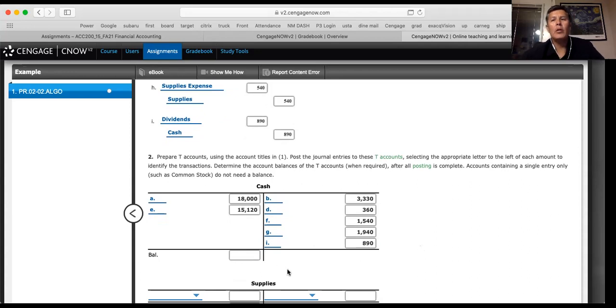Let me add up the difference of these two. I have a calculator right here. 18,000 plus 15,120 equals 33,120.